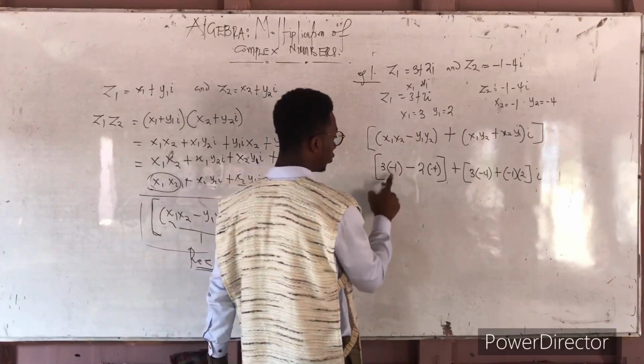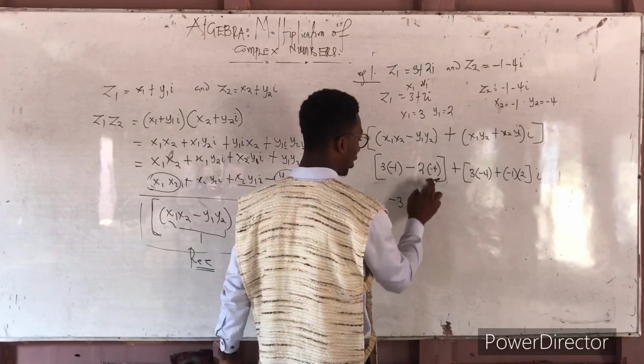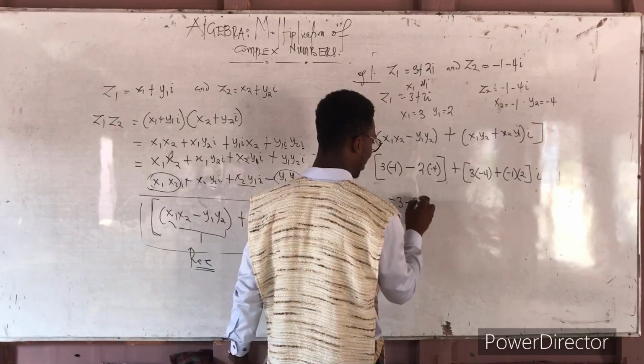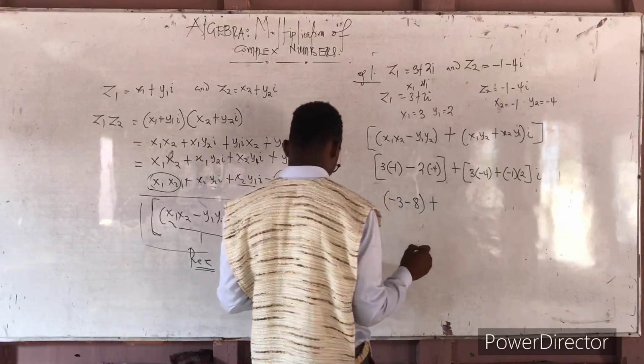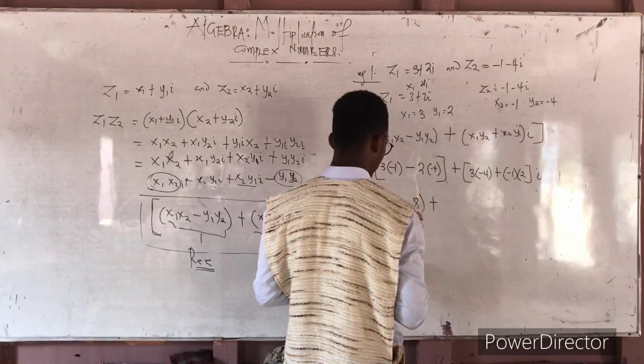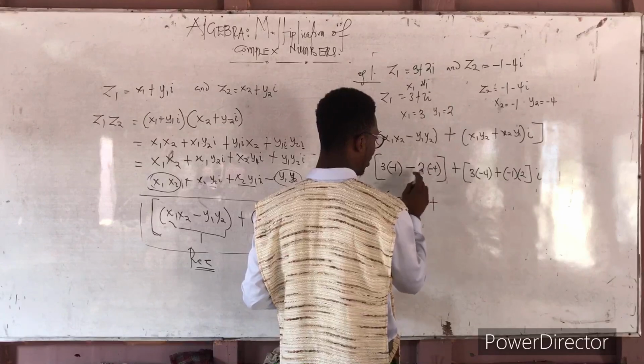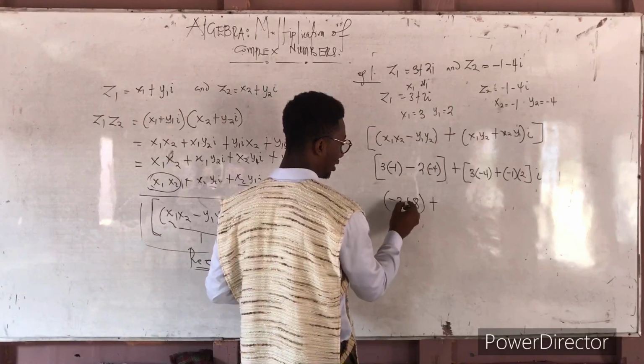Now this one will give you minus 3, and this one will give you minus 8. So minus 3 minus 8.